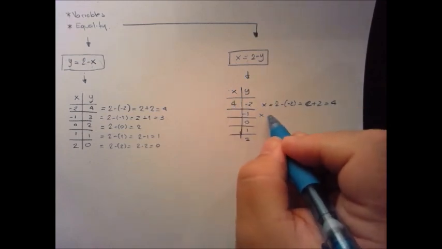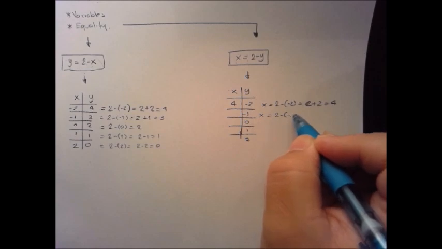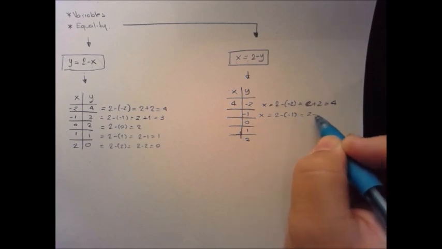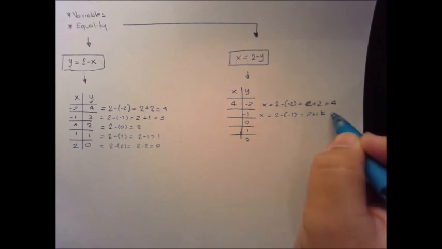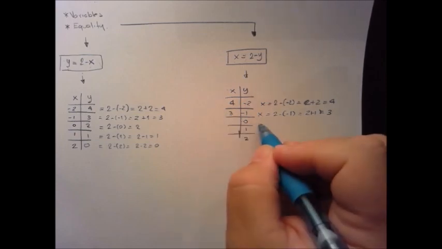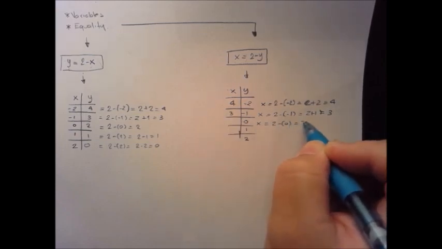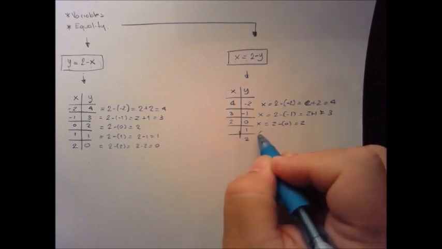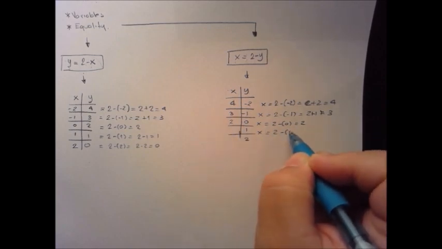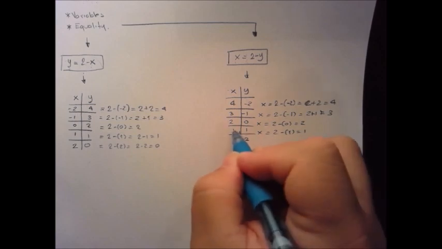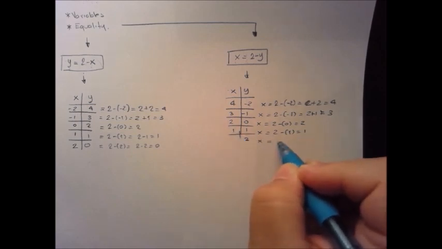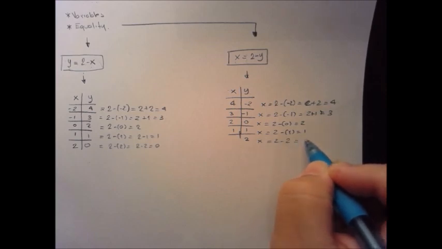Here x is going to be 2 minus -1, 2 plus 1 is going to be 3. And then here x is equal to 2 minus 0, which is going to be 2. x is 2 minus 1, going to be 1. And finally, x is going to be 2 minus 2, which is going to be 0.